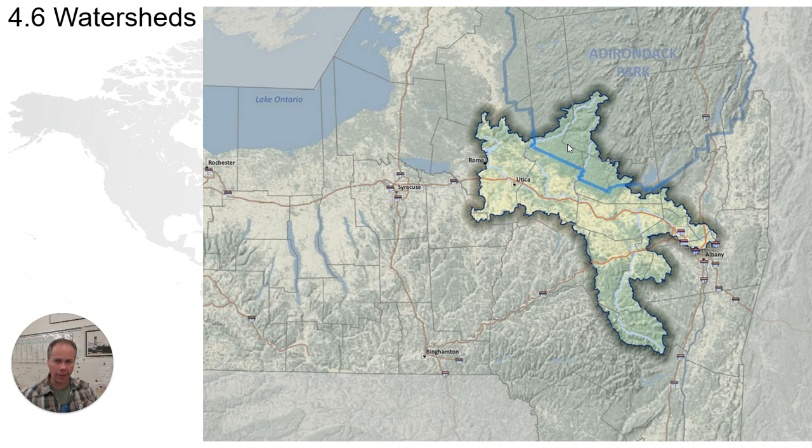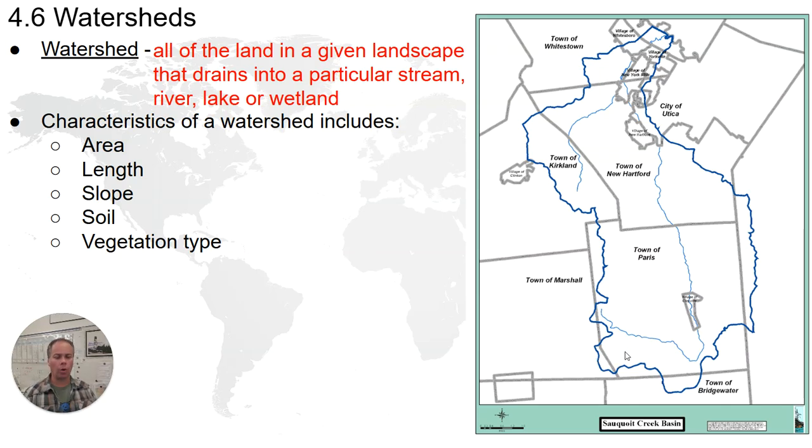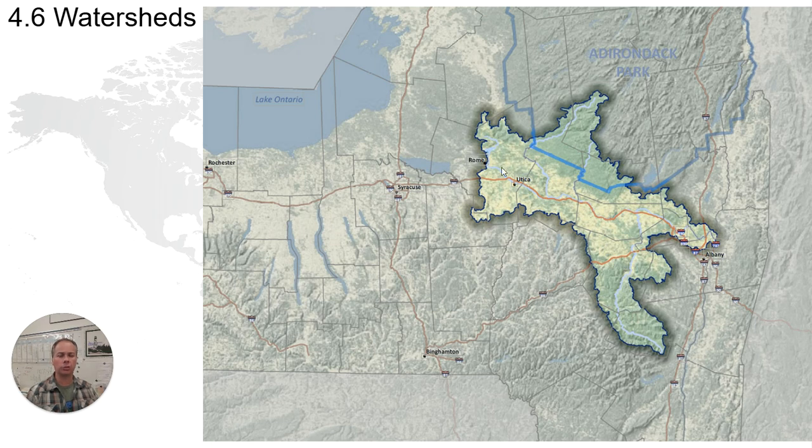Here we have a larger map. Watersheds can be found at different scales. We looked at a relatively small watershed, the Sequoia Creek watershed. But the Sequoia Creek is part of a larger watershed outlined here. This is called the Mohawk River watershed. We can see the Mohawk River, which flows pretty much along the thruway. The Sequoia Creek watershed is a part of this larger Mohawk River watershed.